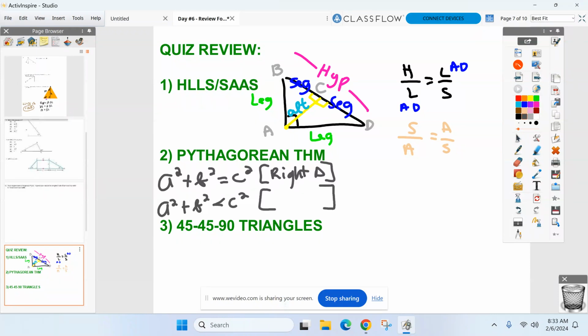Good thing we're reviewing, Dylan. Obtuse, yep. And if the reverse happens, where the C squared value is smaller, now it's acute. Be ready.